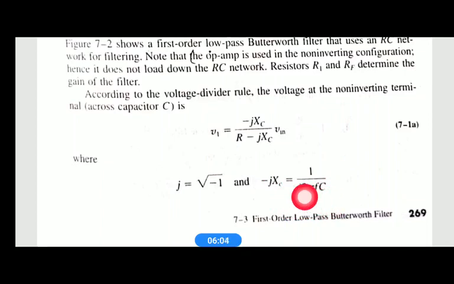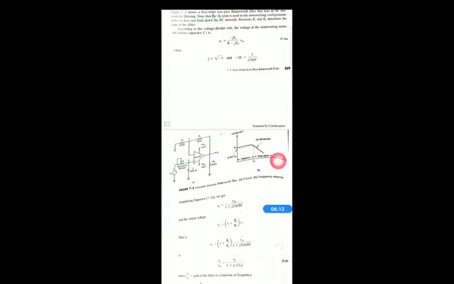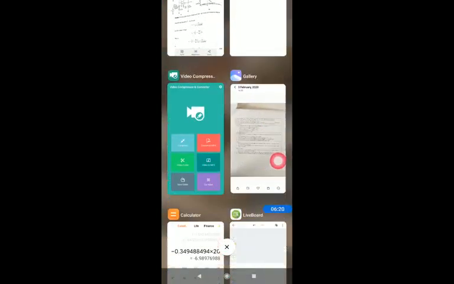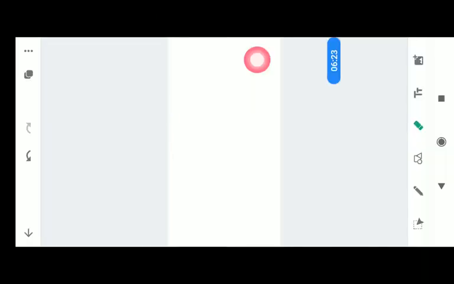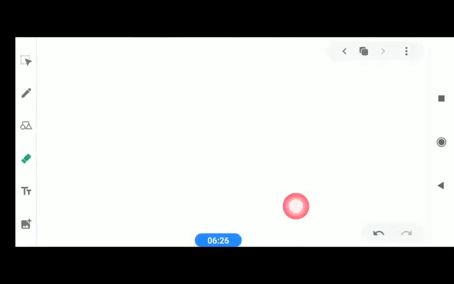So minus j we can write as 1 by j. Let's see on the board how we get this.